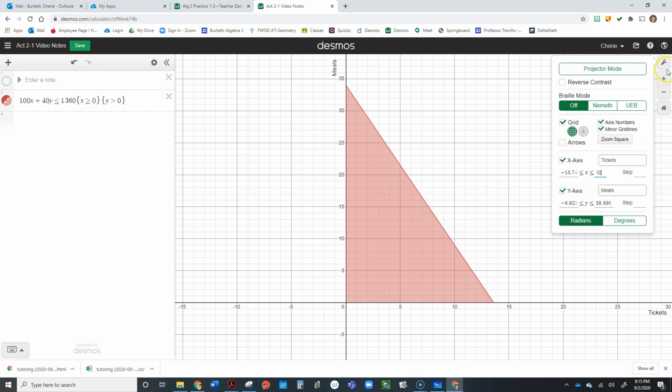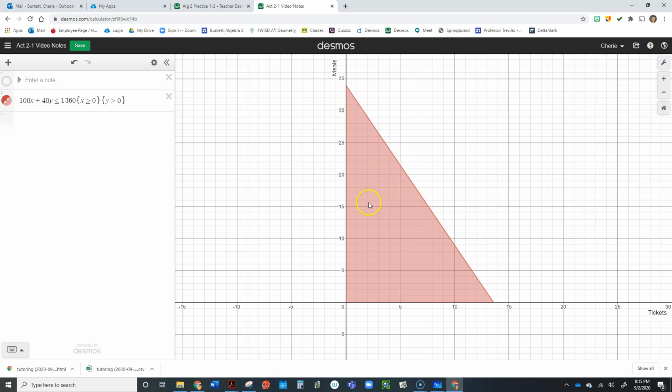So anyway, I want to remind you that what this shaded section represents are all of the ordered pairs that are considered reasonable purchases for Roy to stay within his budget. Okay, so this point right here, let me plot a point real quick.